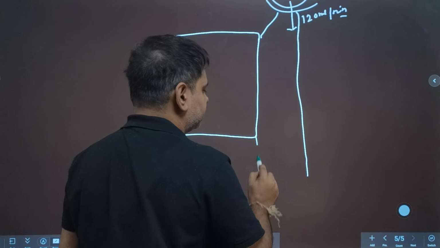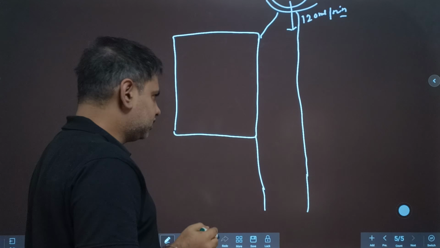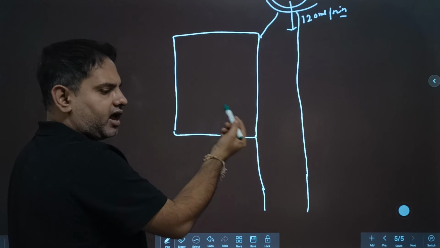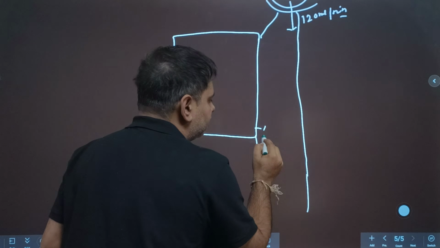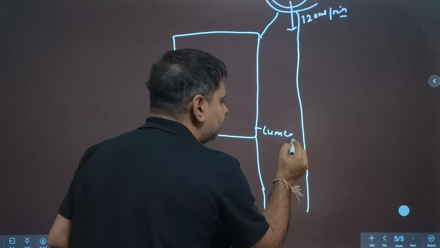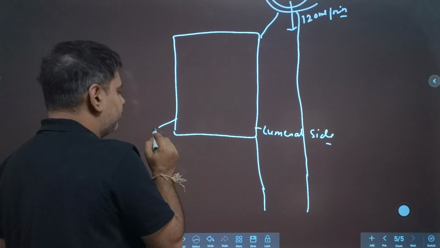In the proximal convoluted tubule there are two parts of the membrane. One is the luminal side, and another one is the basolateral side. So this is the luminal side, and this one is your basolateral side.